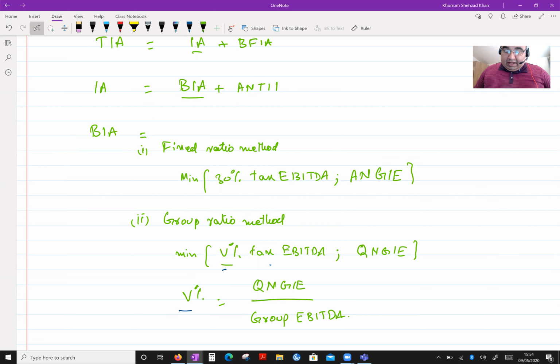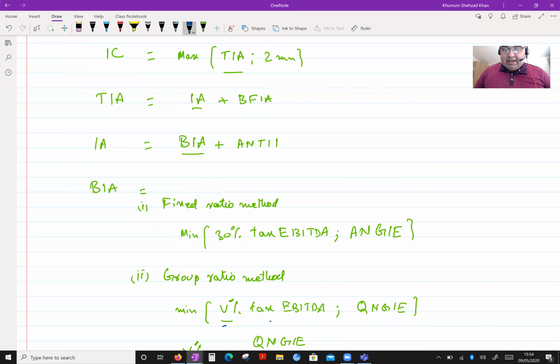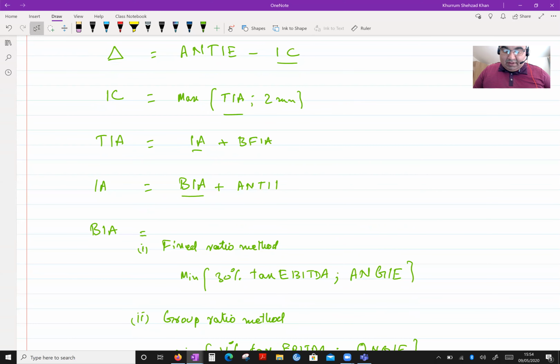Then you put this basic interest allowance here, and most probably NTWI will not be the case, so it will be neglected, and that becomes your interest allowance. Put that into the total interest allowance equation. It is highly unlikely that you'll have a BFIA, brought forward interest allowance.